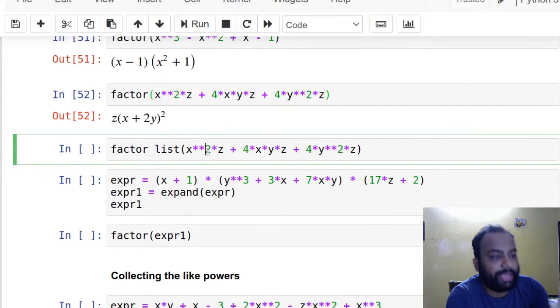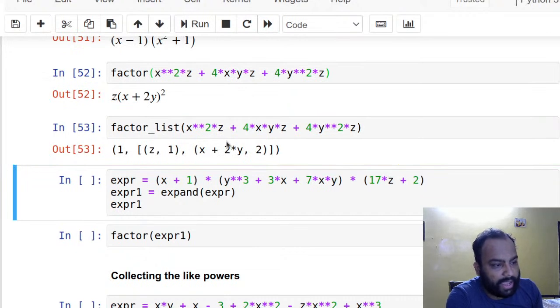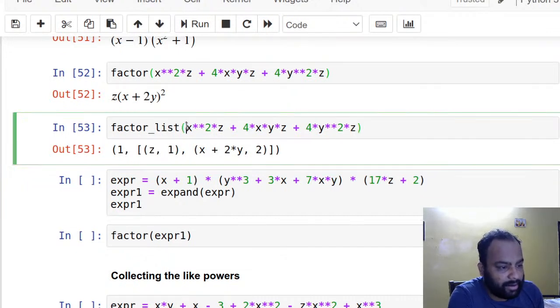Okay, and you can pass in an expression and figure out the list of factors. So this was the expression I passed in, and I wanted to figure out what were the factors. So it says there is a factor of 1 and there is a factor of z, but this appears once, and there is a factor of x plus 2y, but this appears twice, because that is true, right?